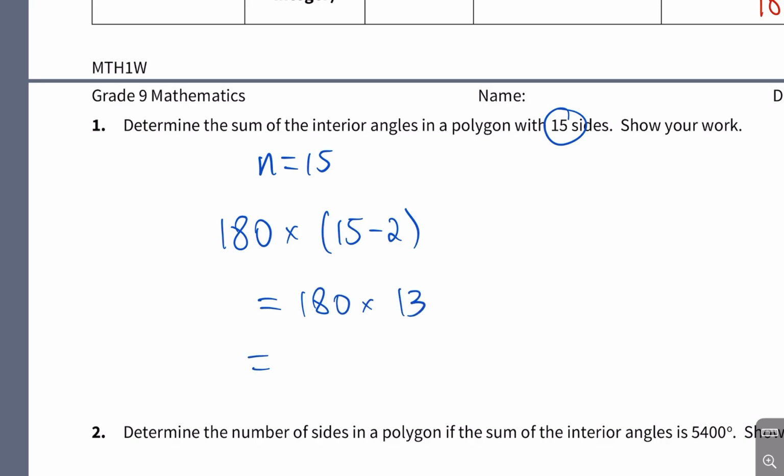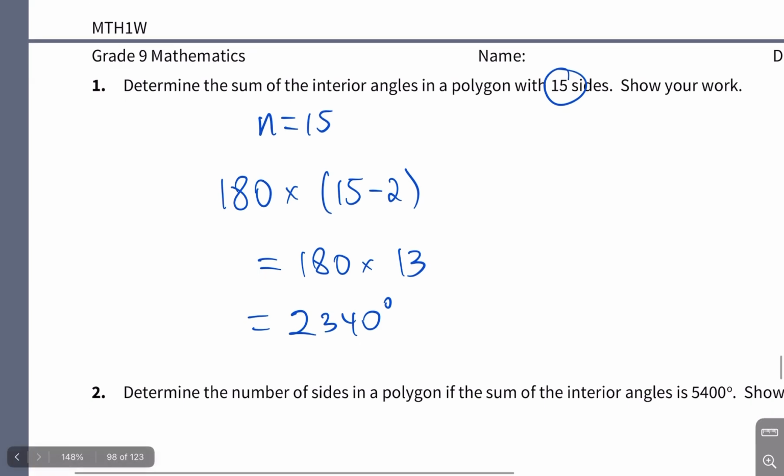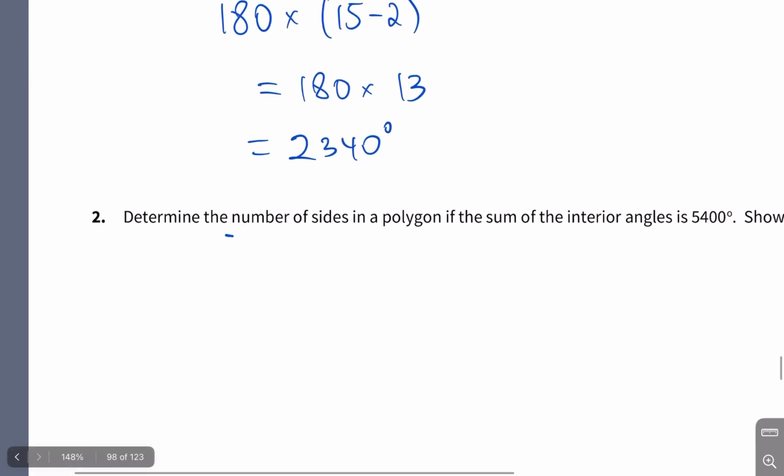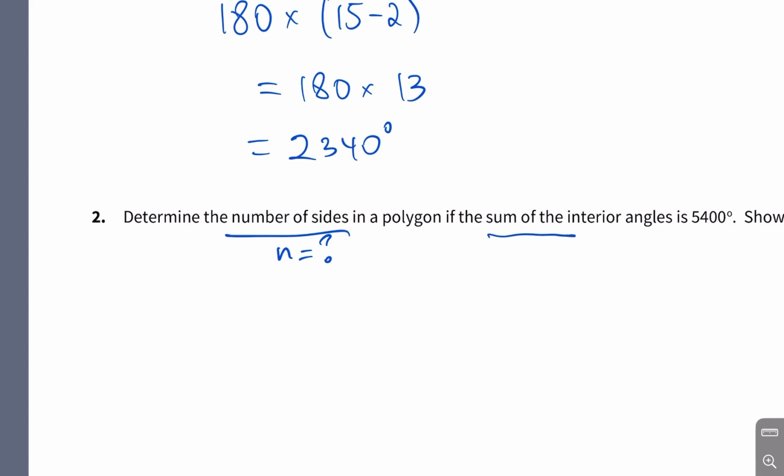Okay, what's 180 times 13? You take a calculator and you multiply 180 times 13, you get 2,340 degrees.